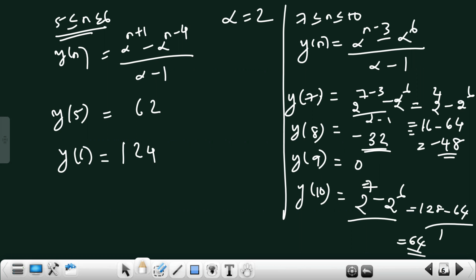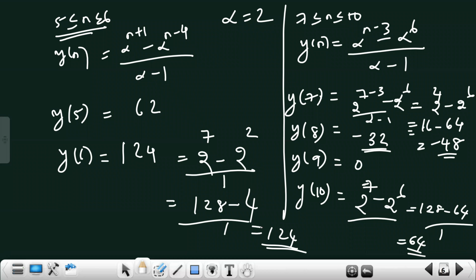So 2 to the power 6 plus 1, that is 7, minus 2 to the power 6 minus 4 is 2, divided by 1. What is 2 to the power 7? 2 to the power 6 is 64, so 2 to the power 7 is 128. 128 minus 4, it is 124. No problem.